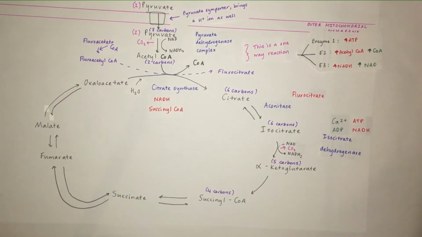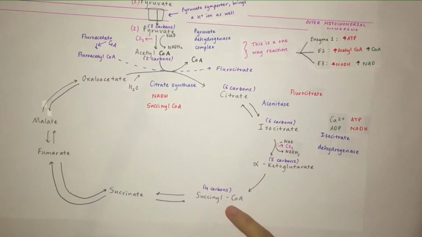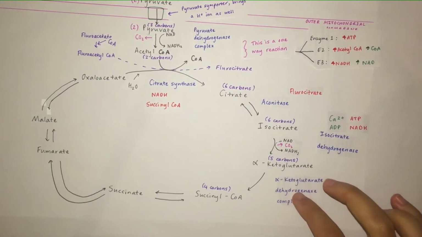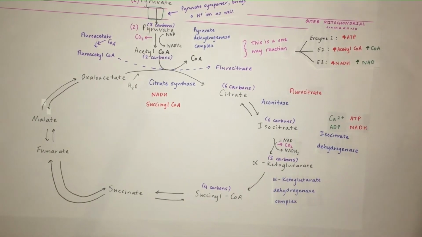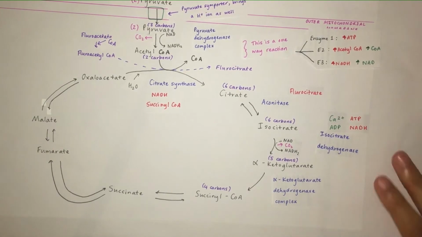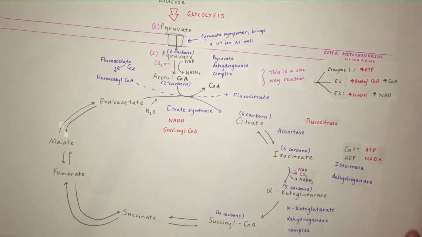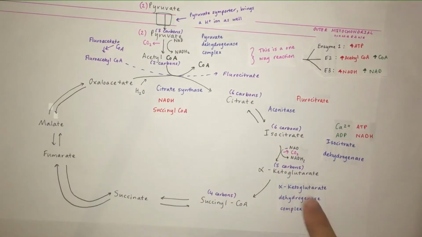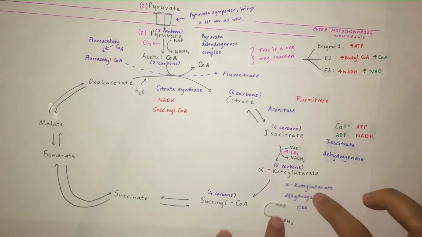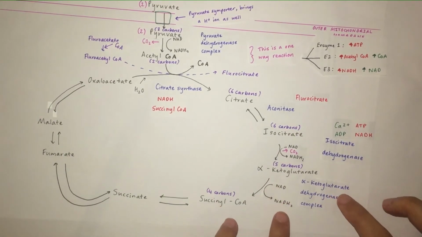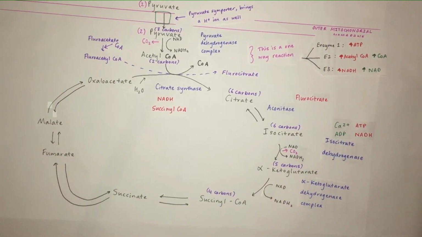So now we have alpha-ketoglutarate to succinyl-CoA. And this is facilitated by the enzyme alpha-ketoglutarate dehydrogenase complex. So it's similar to the complex we saw up here. It's made up of a few enzymes, but we're just going to consider it as one big complex for simplicity's sake. So in this process, because it's a dehydrogenase, we've got an NAD to an NADH.